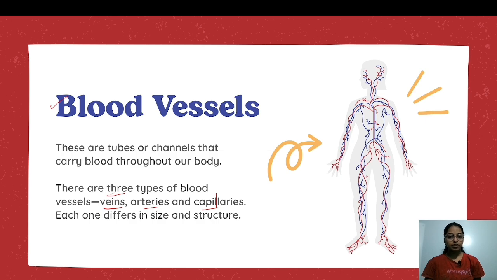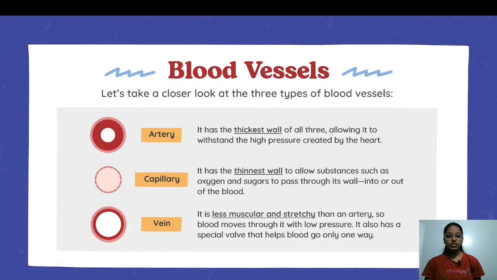These three blood vessels differ according to size and structure. First we will see the artery, having the thickest wall of all 3 blood vessels because it has higher pressure. We will see the difference between all these blood vessels in the next slide.